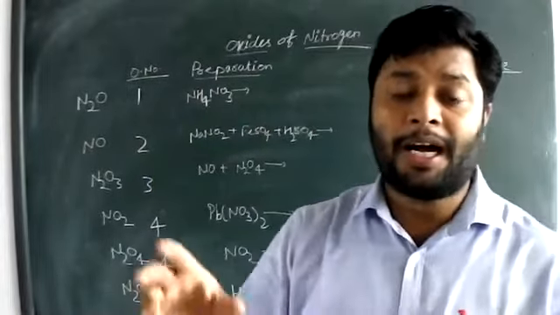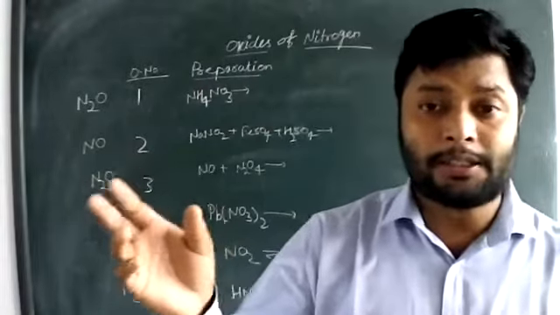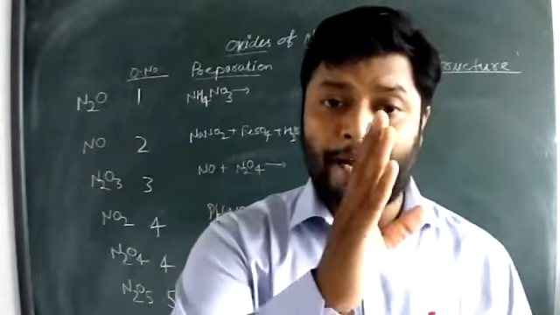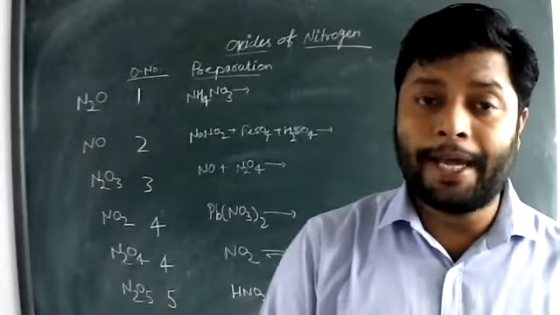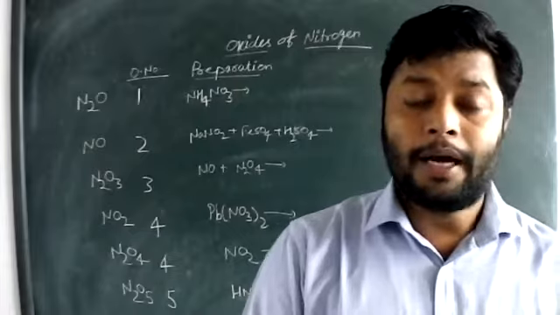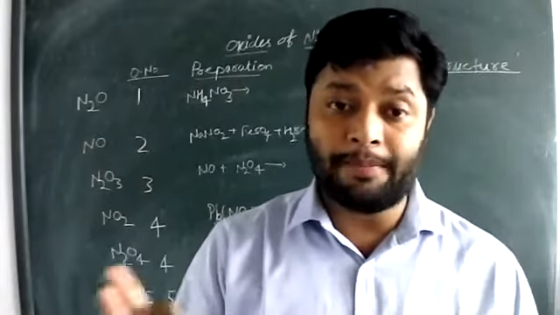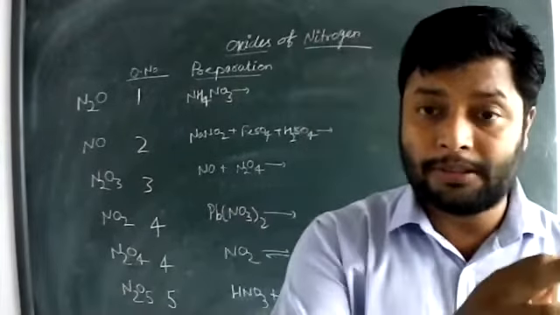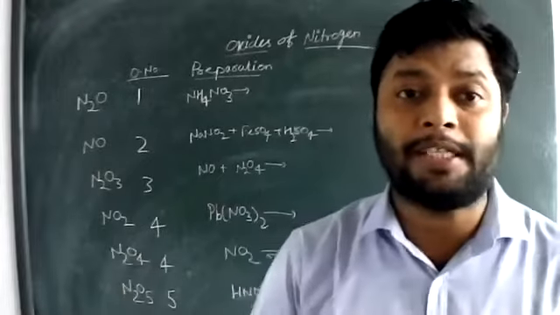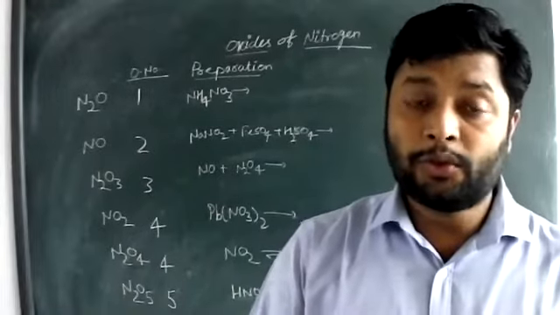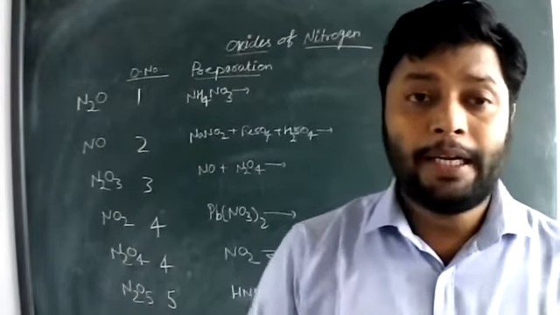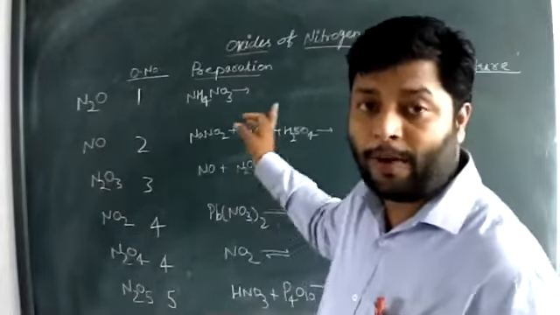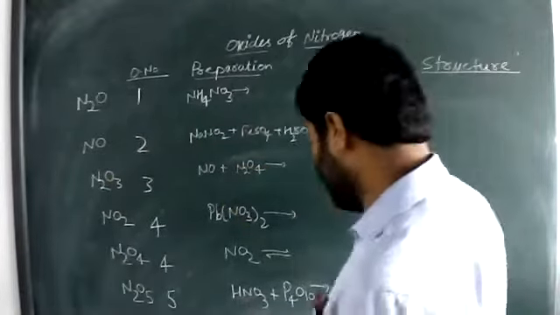Most of the time the board asks questions from the diagrams, graphs and tables. And not only the board, I have many questions from JEE Mains which ask directly from the in-text questions of the NCERT. So try to focus on the NCERT first. So there will be nitrous oxide along with water. That will be the reaction.